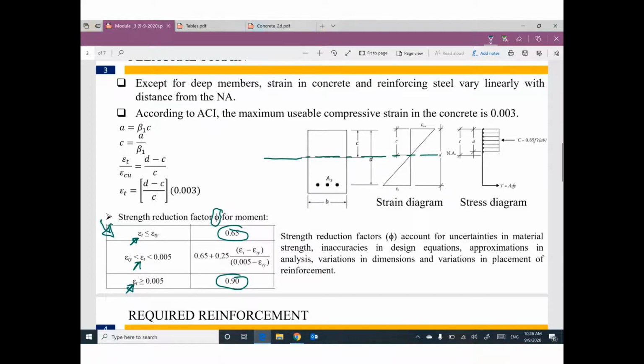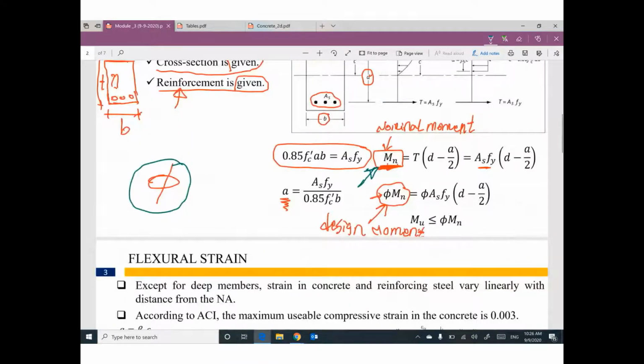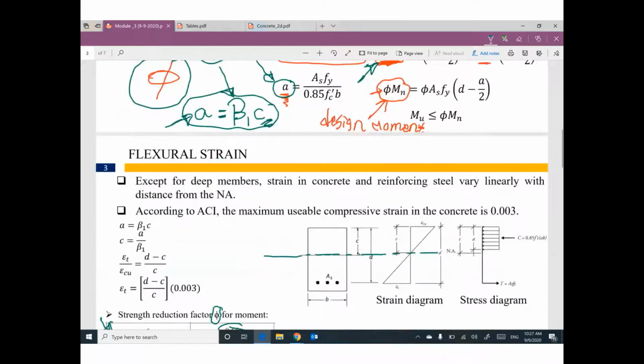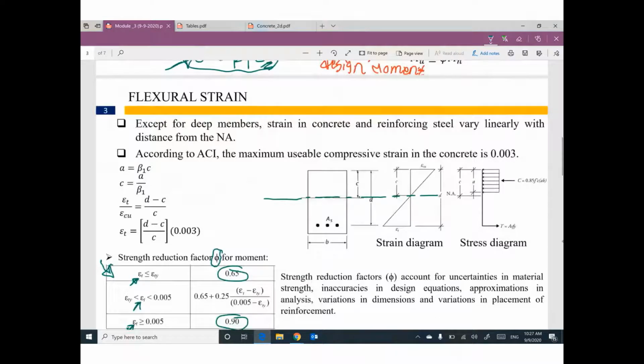This neutral axis is at depth C. Remember, from the first step, you are able to calculate A. That means you will be able to calculate C because A equals beta 1 times C. Beta 1 comes from the table based on F prime C. So I can figure out the value of C, which is the actual depth of the neutral axis.